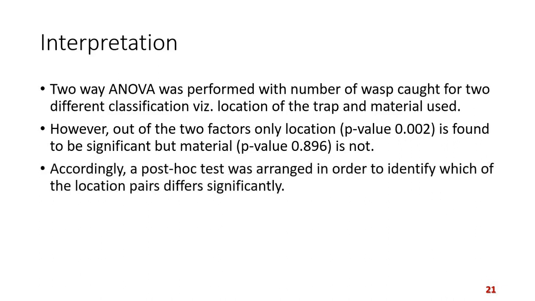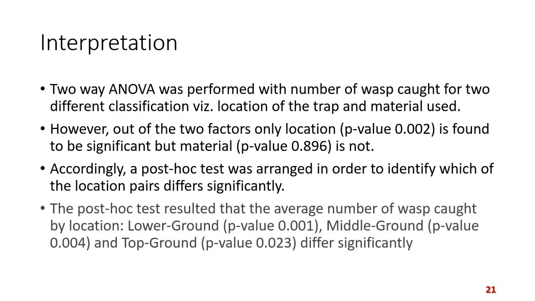Accordingly, we perform the Tukey test, which is also called the post hoc test, in order to identify which location pairs differ significantly. And then we find that lower and ground, middle and ground, top and ground differ significantly, whereas other pairs do not. So this is a complete two-way analysis of variance, and this is how we need to interpret our results.